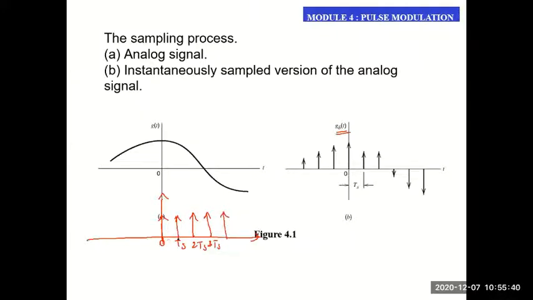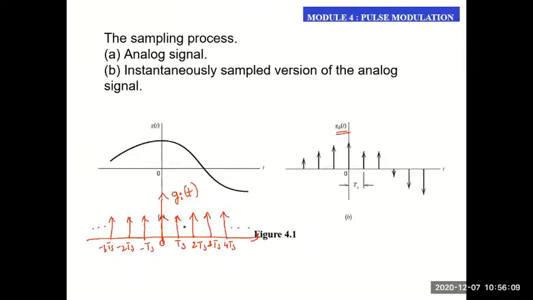The sampling time is Ts. So at every duration Ts, I'm going to have one impulse, at 2Ts, 3Ts, 4Ts and so on, and likewise on this side also, minus Ts, minus 2Ts, minus 3Ts and so on. Let me call this gi of t, a periodic impulse train.